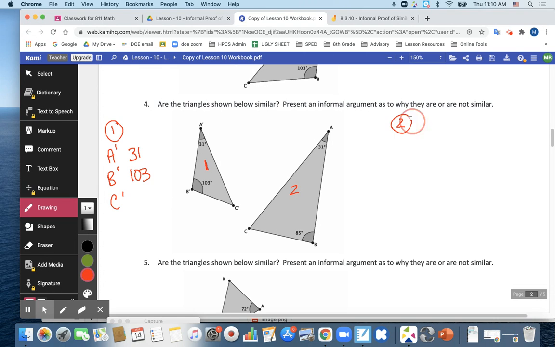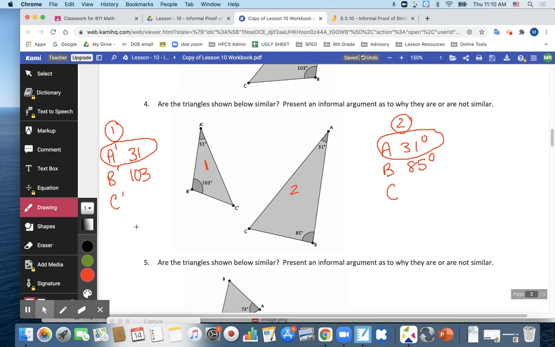And then triangle 2, A is 31 degrees, B is 85 degrees, and C we don't know. So we see that 1 matches. All right. So I want to find out what C is so I can make sure if they're similar or not.